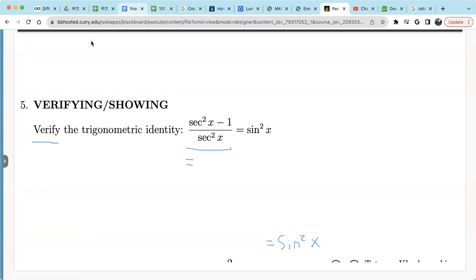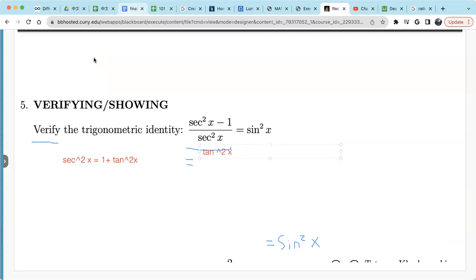Let me write on the side: secant square x equals 1 plus tangent square x. But we have secant square minus 1, so we move 1 to the other side, and we see that's tangent square, right? So let's write down. So we have a tangent square x in the numerator.